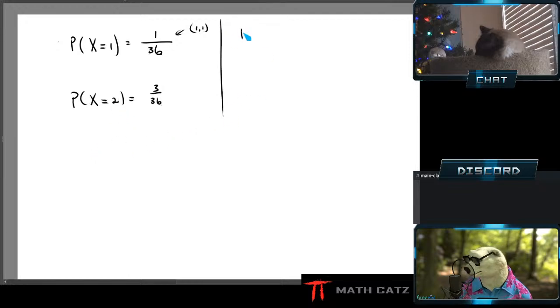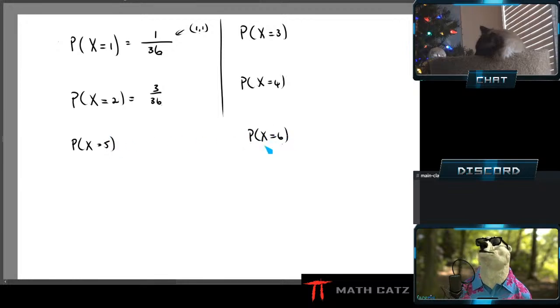Let's go over here. Probability that X equals 3. We're going to do them all. X equals 4. Maybe over here, X equals 5. And maybe over here, X equal to 6. Those are then all the possible values of X, all the possible outcomes to the experiment.